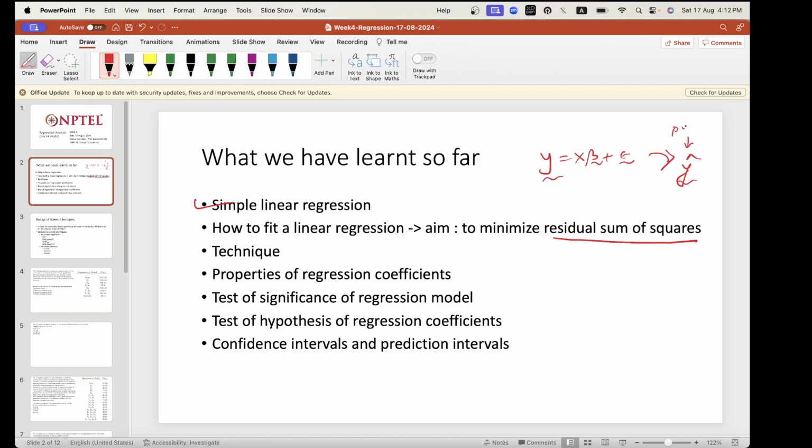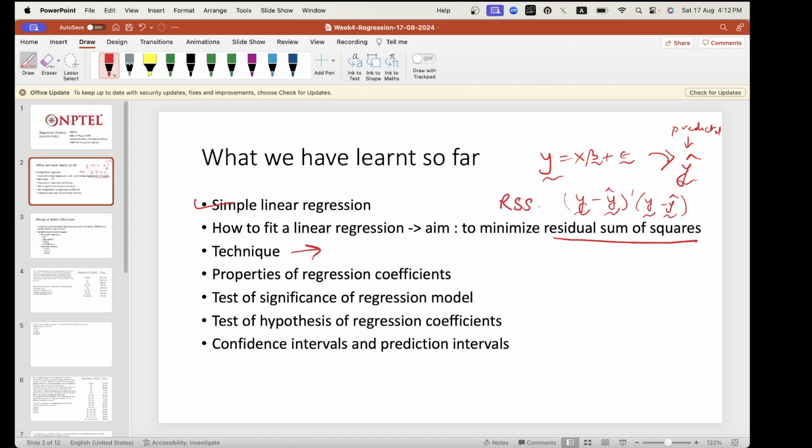So these would be your predicted values, and this would be the residual sum of squares.